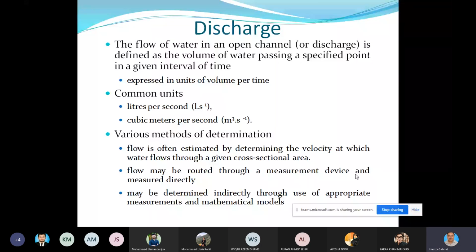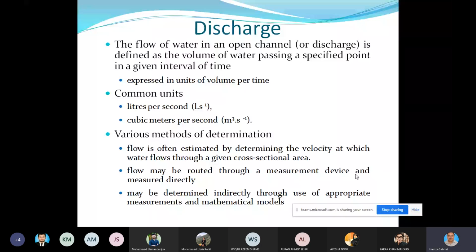So if we measure the velocity, we can multiply it with the cross-sectional area and determine the discharge. So this can be one method of discharge determination. Just measure the velocity by any method or means, using devices or instruments, and multiply by the given cross-sectional area, you will get the discharge.